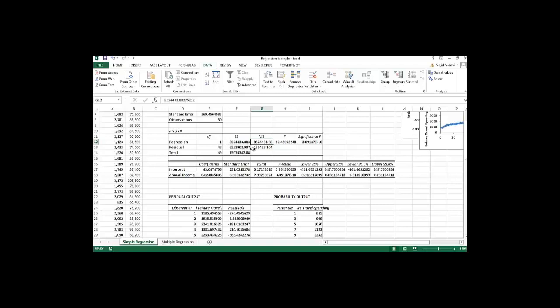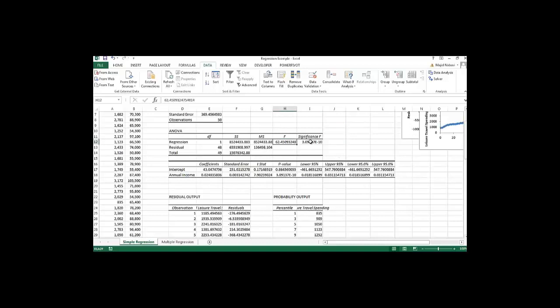For residual, mean square due to residual is sum of squares due to residual divided by degrees of freedom 48. You can try these numbers. If I divide sum of squares due to residual by degrees of freedom, I will get the same number as mean square residual.